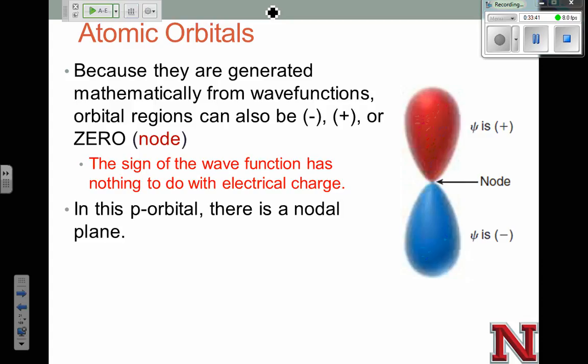So anytime you have a node, you're going to have higher energy. The more nodes you have, the higher in energy, because the less space your electron has, the less stable it's going to be. We'll see that with resonance: with more resonance structures, the more stable the molecule. So because it has this node, our 2p orbitals are higher in energy than our 2s orbitals.